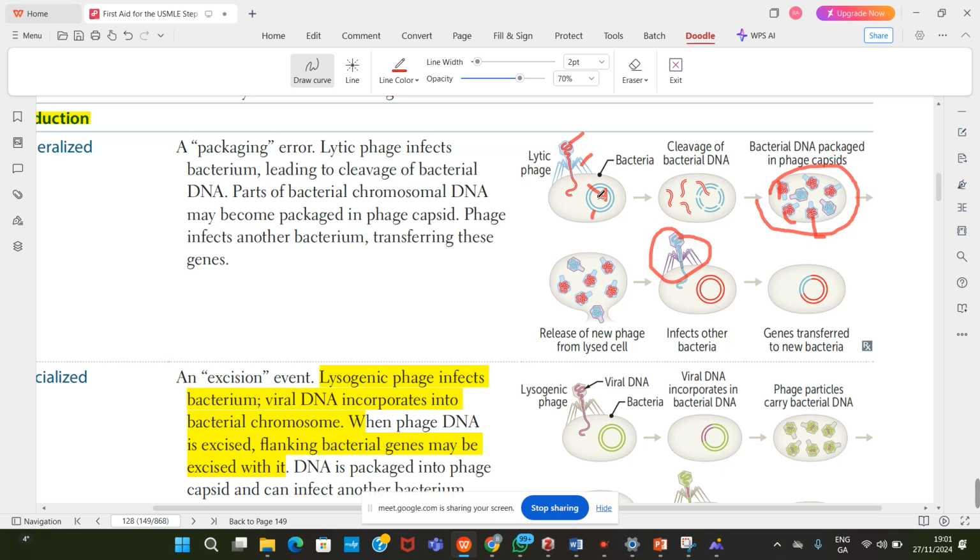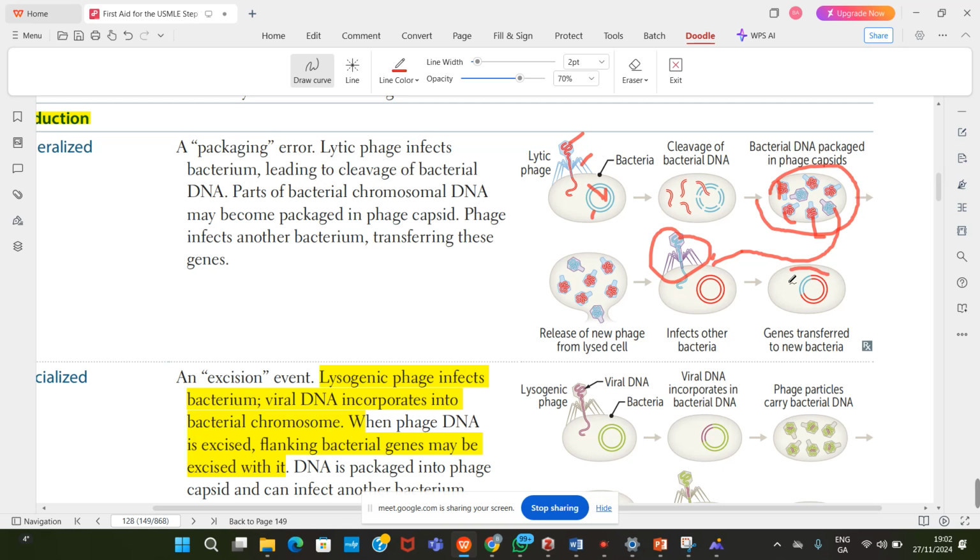This is bacterial DNA because this is the bacteria. It's just due to the packaging error that they mistakenly packaged the bacterial DNA inside the phage capsid to form a bacteriophage. Do you understand? So if one of these bacteriophage now goes outside and infects a new bacterial cell, it can easily release that bacterial DNA to that different bacterial cell.